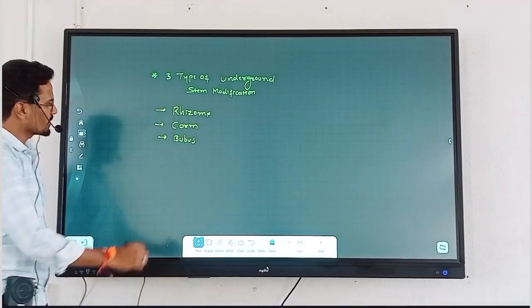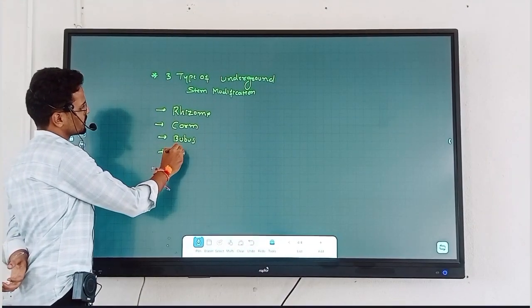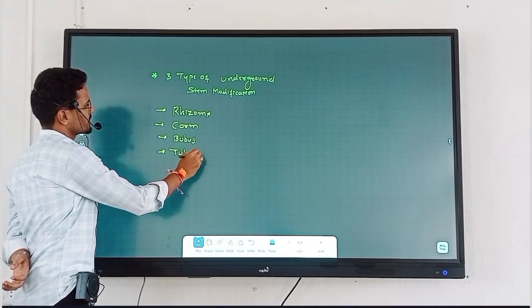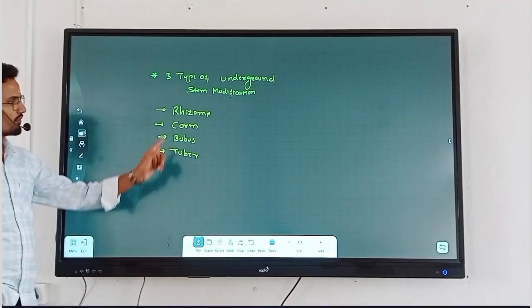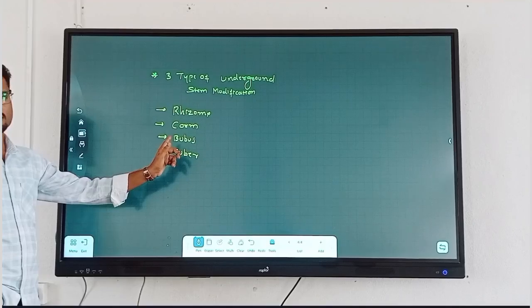Another one, the fourth, is the tuber. This is also another type of stem modification.